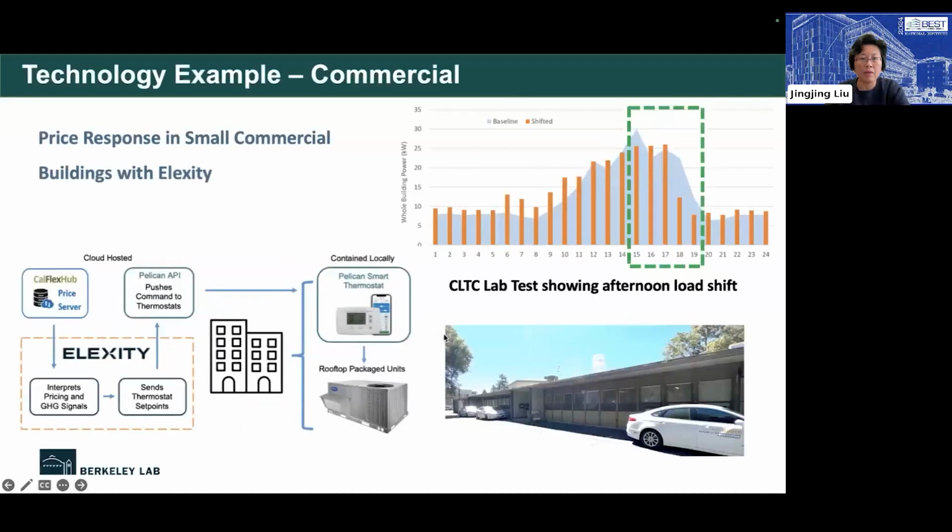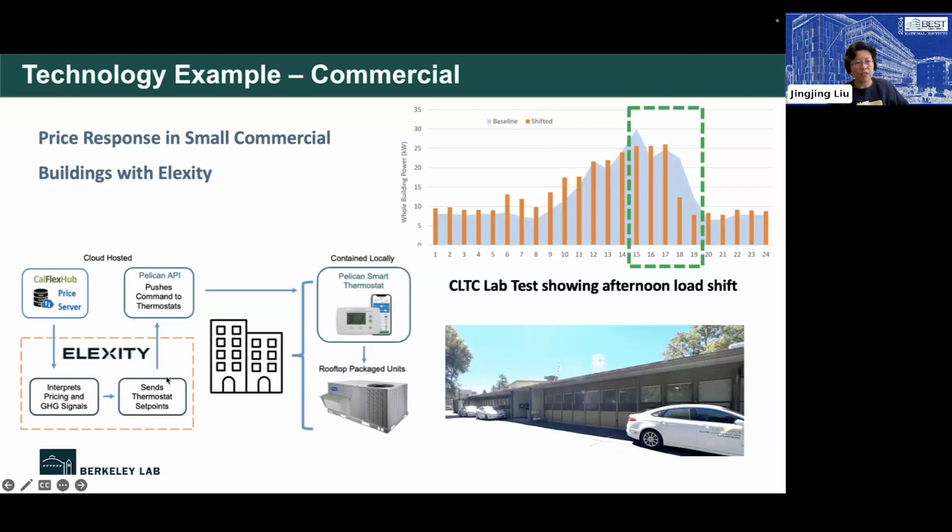And then I'm going to show you another technology example for commercial buildings. In this case, our partner Elexity has a commercial product, a cloud-based energy management system called Demand EX.